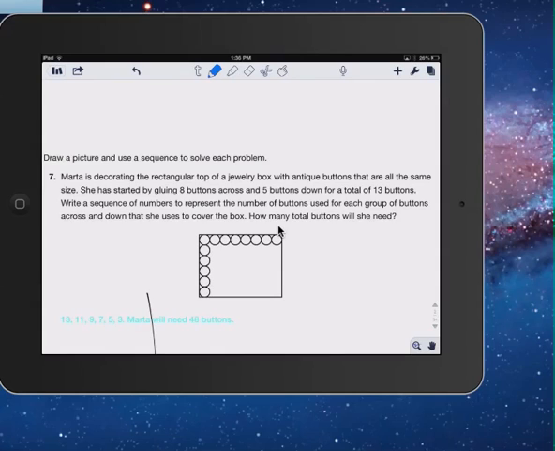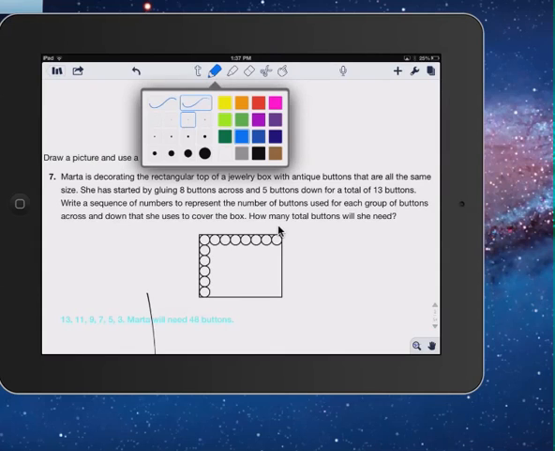She has started by gluing 8 buttons across and 5 buttons down for a total of 13 buttons. Write a sequence of numbers to represent the number of buttons used for each group. Each group of buttons across and down that she uses to cover the box.